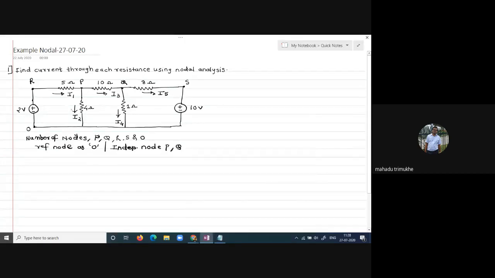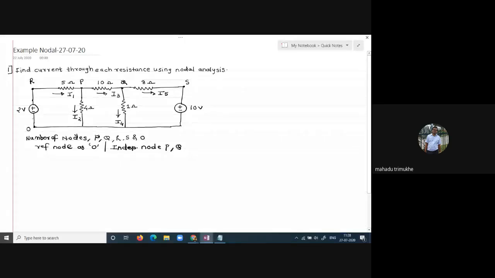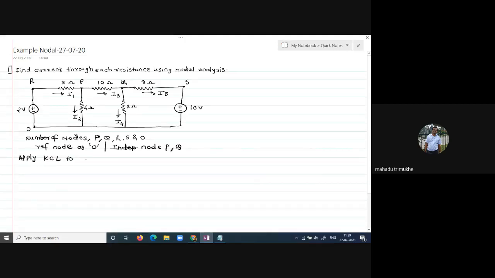Then you have to apply KCL at the first independent node as per our steps. Apply KCL to independent node P.